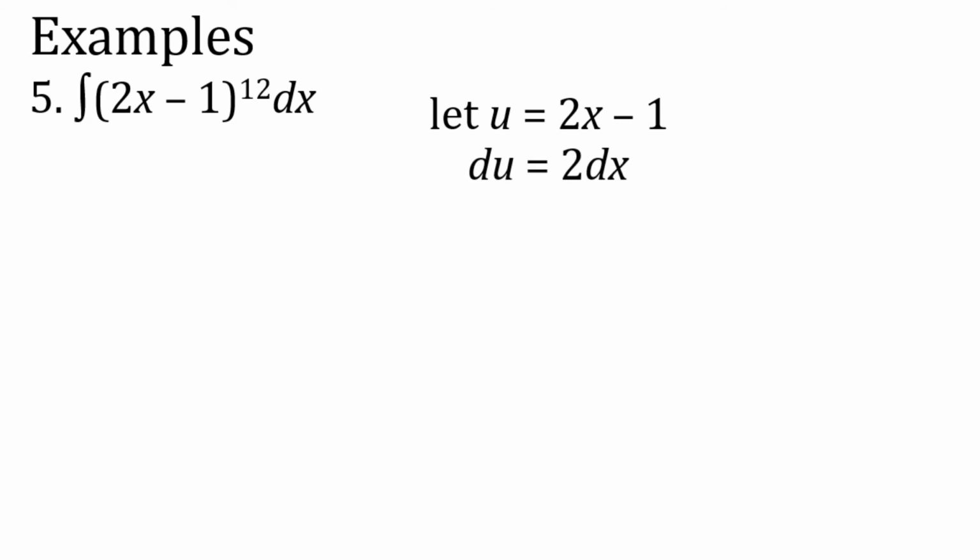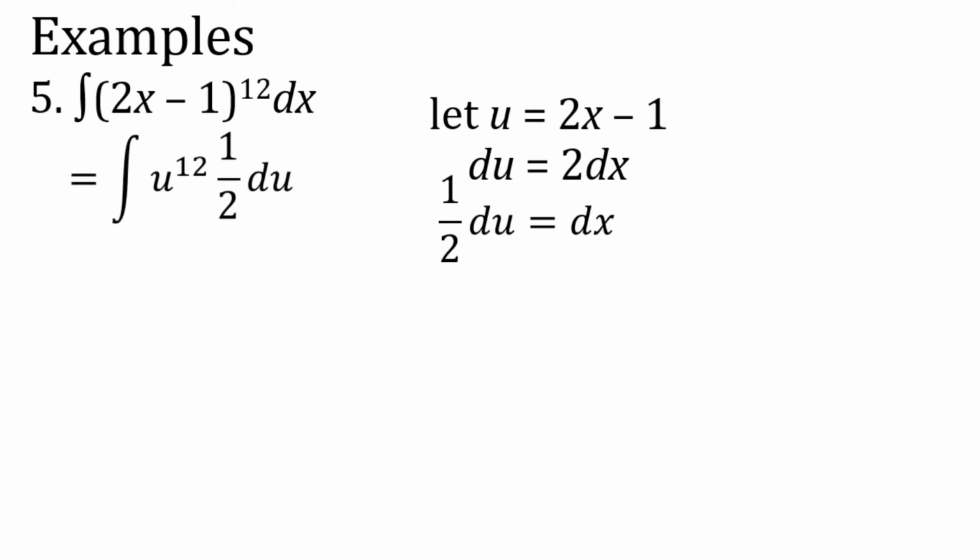We only have dx here, so you know what to do. Multiply both sides by 1 half, so this will become 1 half du equals dx. And then write our given in the form of the integral of u raised to 12 times 1 half du. So obviously this is our u raised to 12, and this dx is our 1 half du.